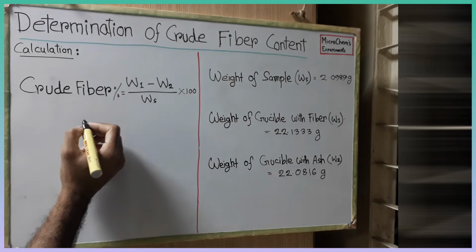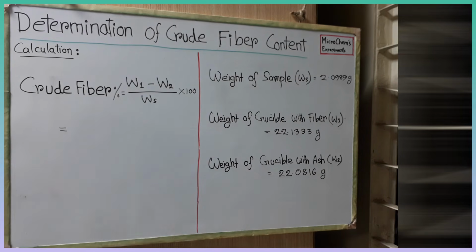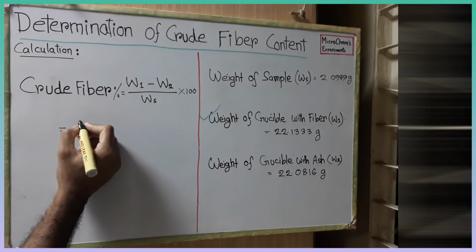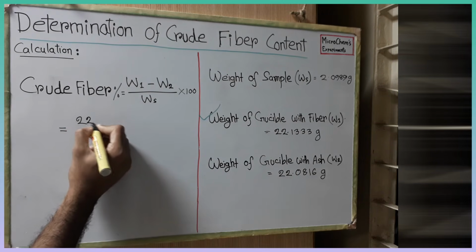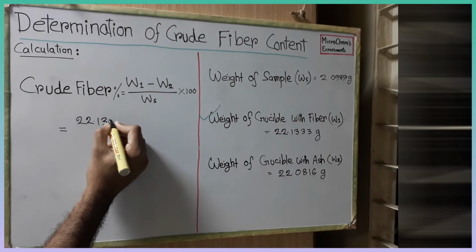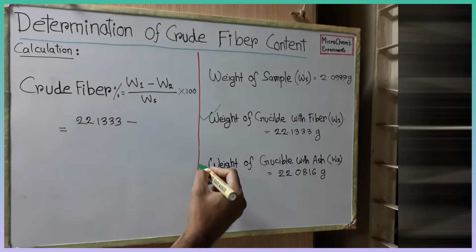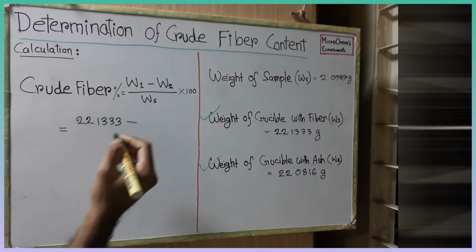Now we will put all of the values in the equation given in the left side of the board. W1 is 22.1333. Minus W2 is 22.0816.